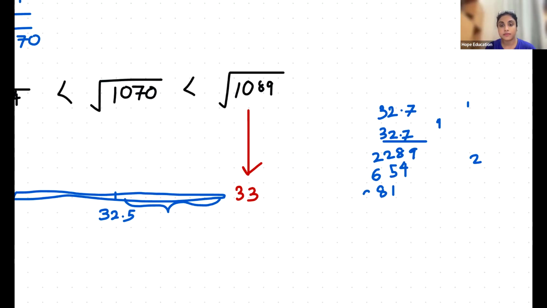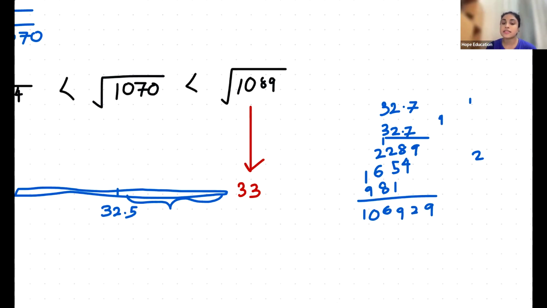Let's add. 9. 8 plus 4 is 12, 1 remaining. 5, 6, 7, 8, 9. 8 plus 6 is 14, 15, 16. 9 plus 1 is 10. There are two decimal places, so we get 1069.29. Okay, 1069.29 is somewhat closer to 1070.